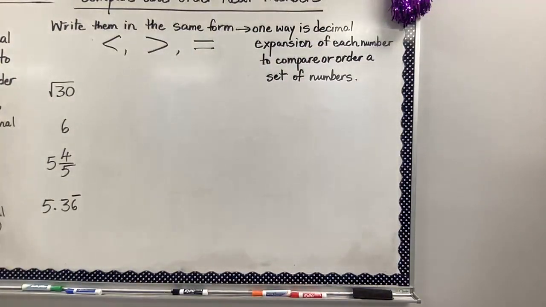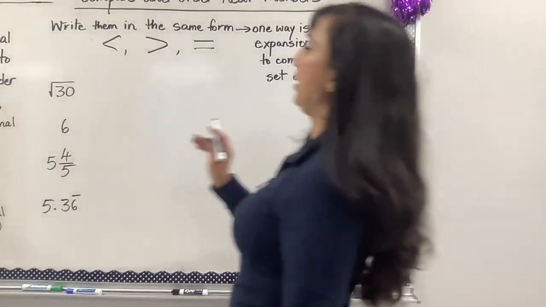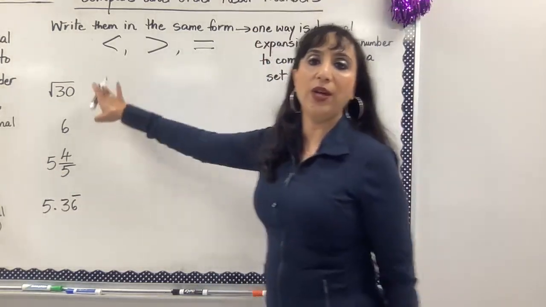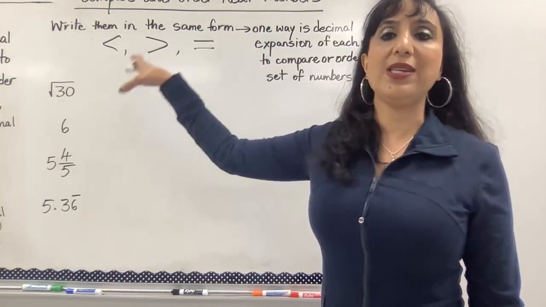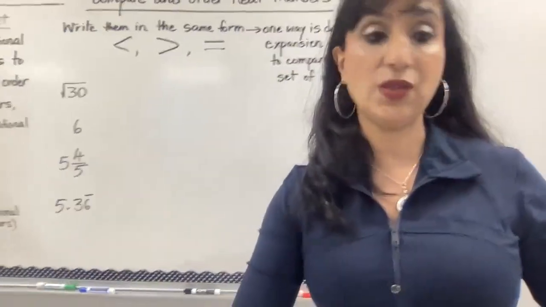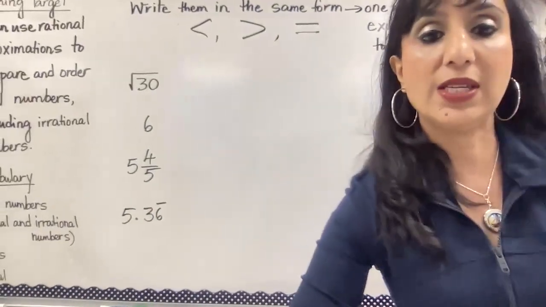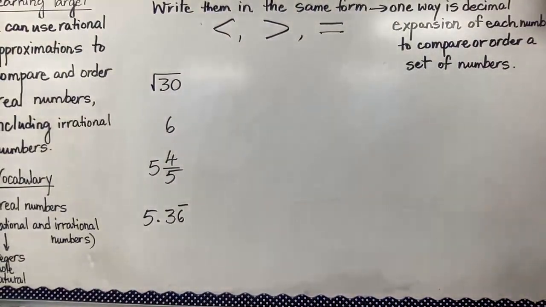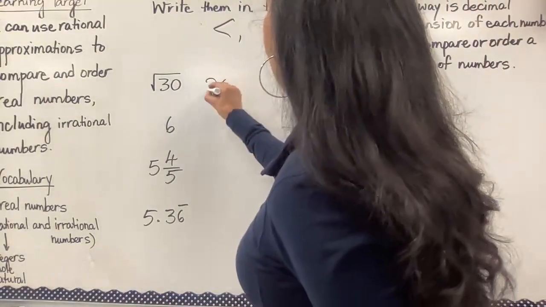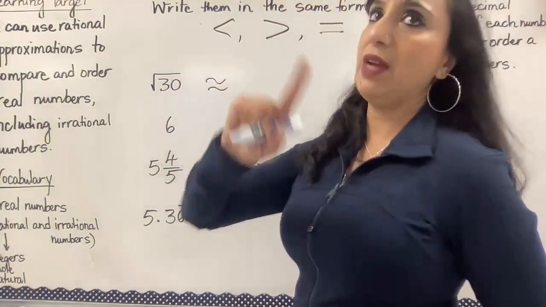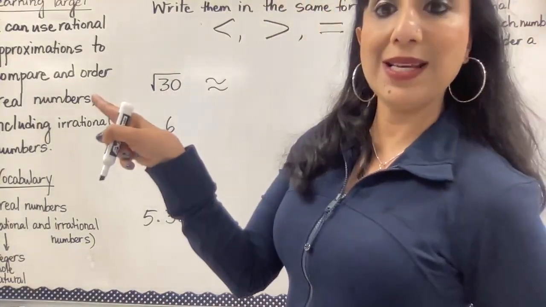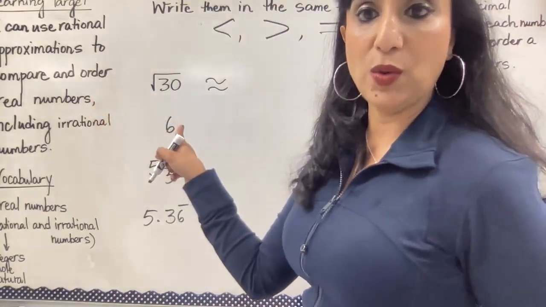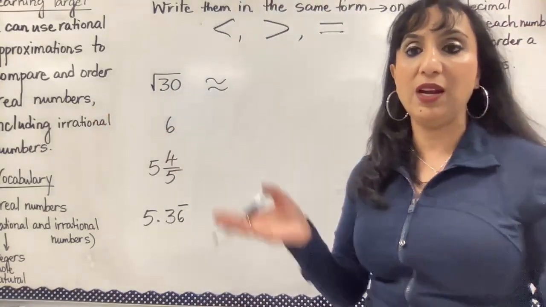Now we are looking at the first one again. Just like we did in the last lesson, we are going to take it to the nearest tenth place. So we're going to estimate to the nearest tenth over here. I know that 5 times 5 is 25, and 6 times 6 is 36, so square root of 30 falls between 5 and 6.